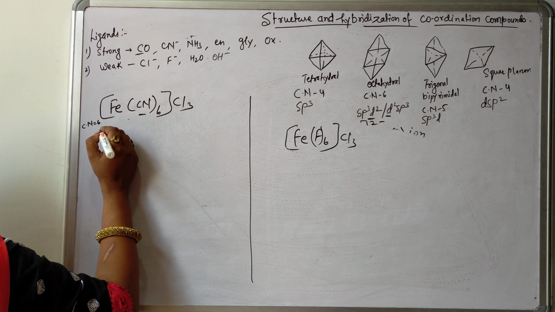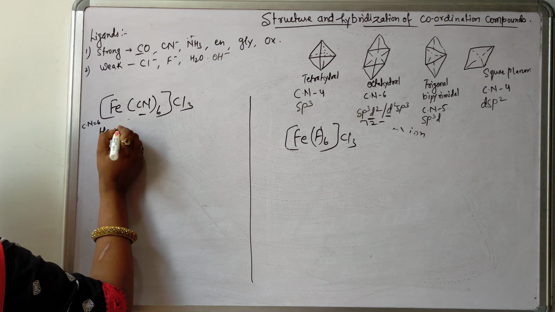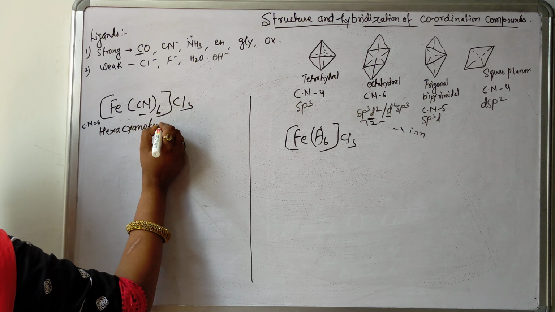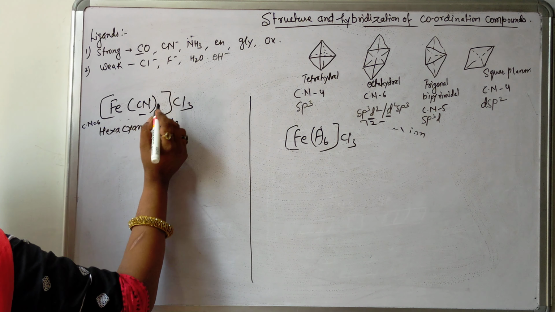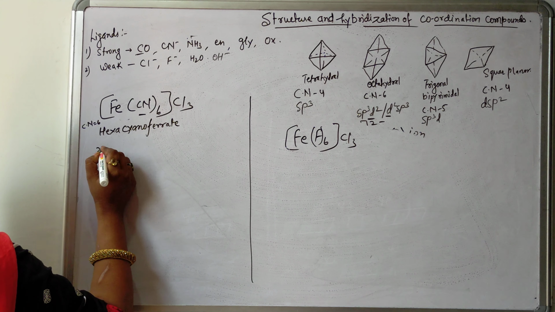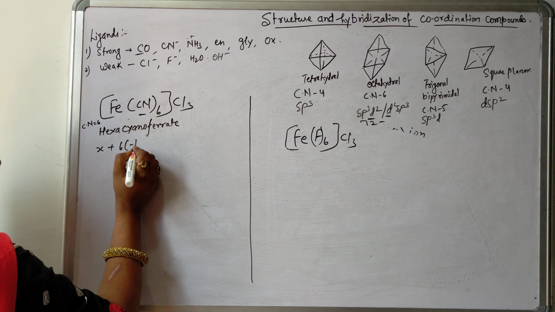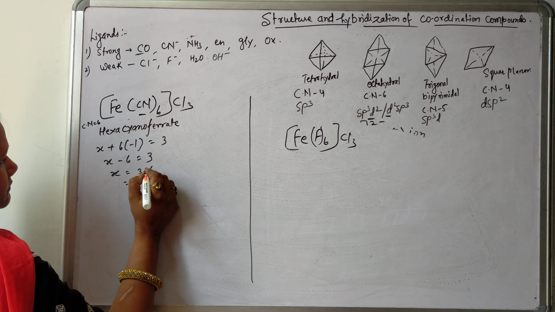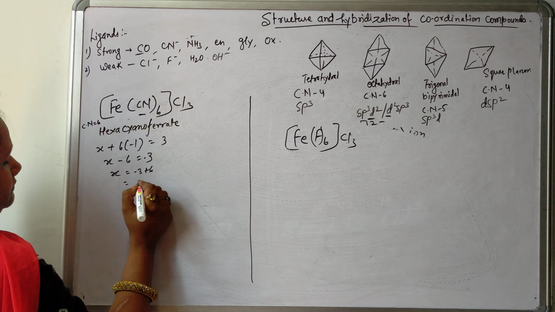Okay. What will be the name of this complex? The name of this complex is hexacyanoferrate(III) chloride. What will be the oxidation state? x is plus 3. Okay.